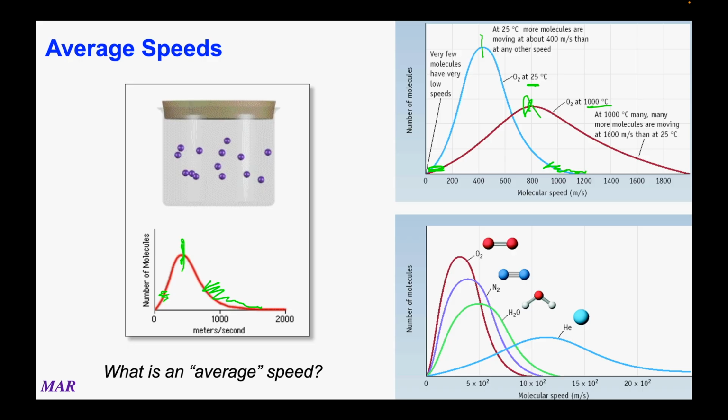But again, technically, it's the average. Helium's average would be right about there, and oxygen, which is bigger here, would have an average up there. But some of the oxygens down here are going close to the average speed of helium, all right? And some of the helium, which is super fast, has its own senior citizens down there on the left-hand side that are going much slower than the average speed of oxygen.